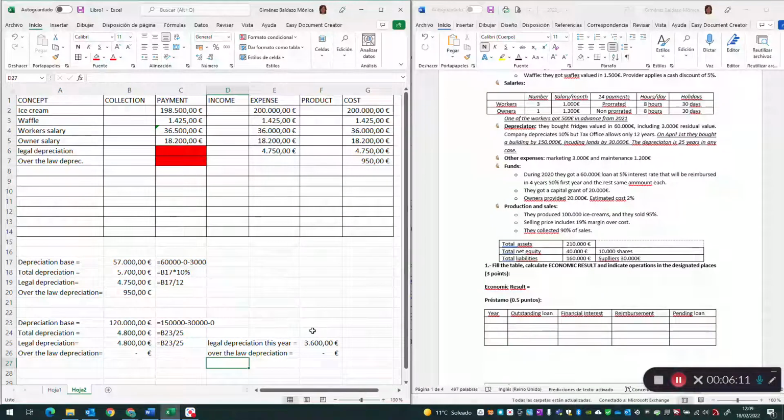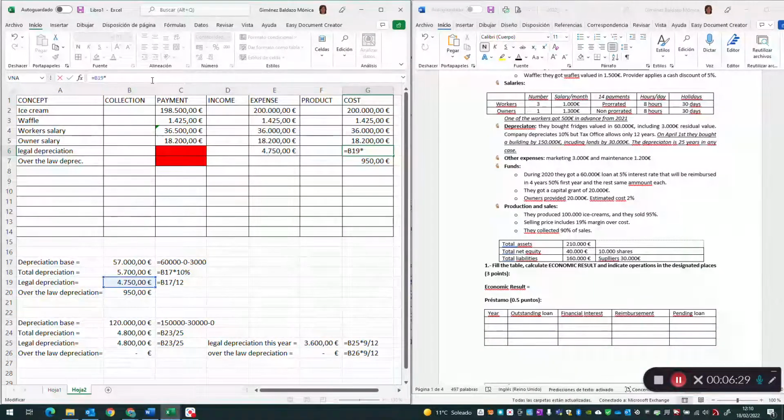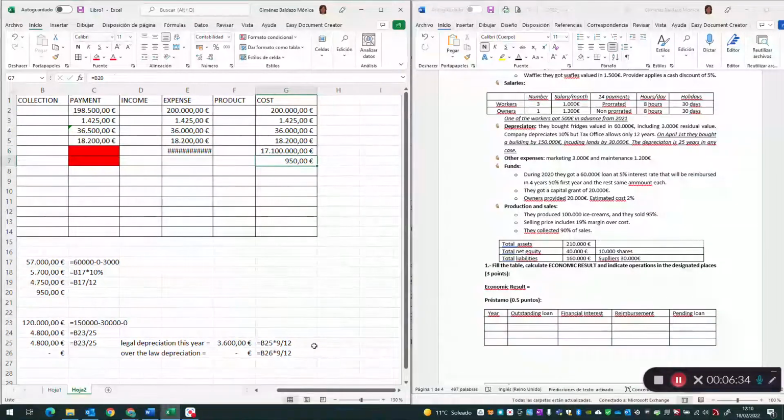I'm going to move this information to the table. How am I going to do this? I'm just going to add it in the same lines where we had the legal and the over the law depreciation. So on the legal depreciation, we're going to have the depreciation for the fridges and the depreciation for the building. Okay, and oops, I did something wrong, it's plus, not multiplying. Much better now.